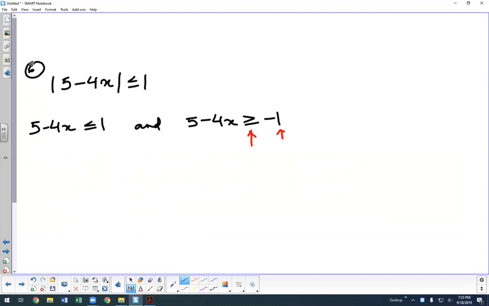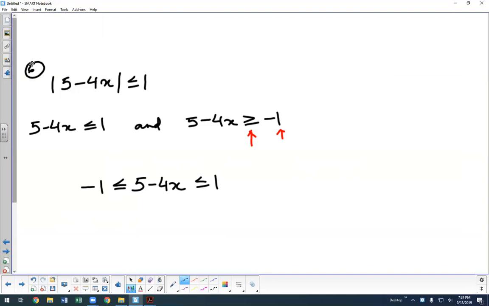Or if you want to set it up as a three-part inequality, you will have 5 minus 4x in the middle. We have less than or equal to 1, and you will actually still use less than or equal to, but if you look at it from the perspective of this, you can see my open mouth is now facing the 5 minus 4x, and you can do your negative 1 on that side.